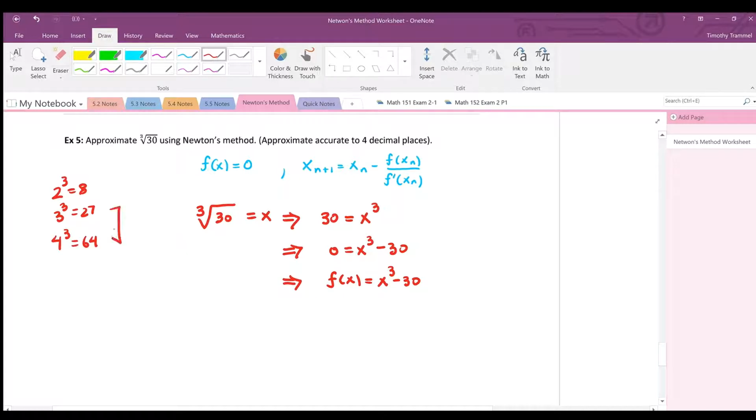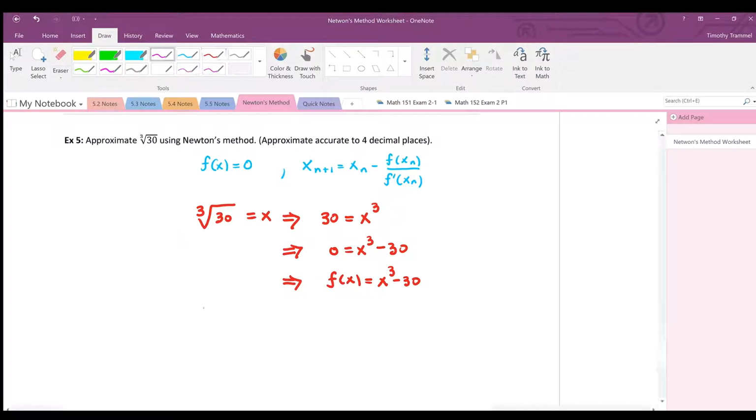So this is telling me that we should choose x to be somewhere around 3 or 4. It's going to be 3 point something for sure. But x equals 3 would be a lot closer than x equals 4, right? 27 is pretty close to 30. So we're going to try that as our x1.